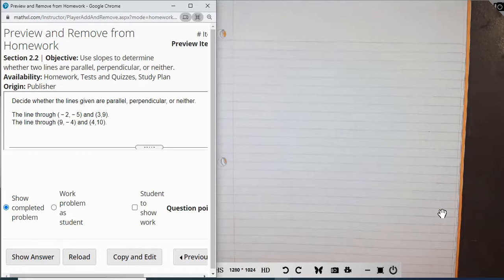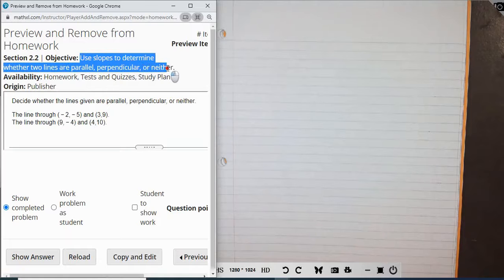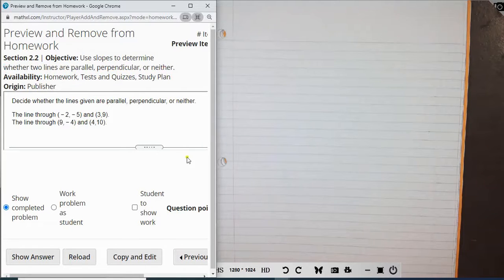All right, so this next one here. If you look up here in our objective, we're going to use slopes to determine whether two lines are parallel, perpendicular, or neither. I'm just going to work whatever random problem the computer has given me. Basically, there are three cases: parallel, perpendicular, and neither.